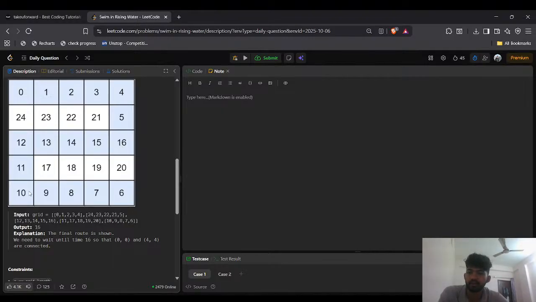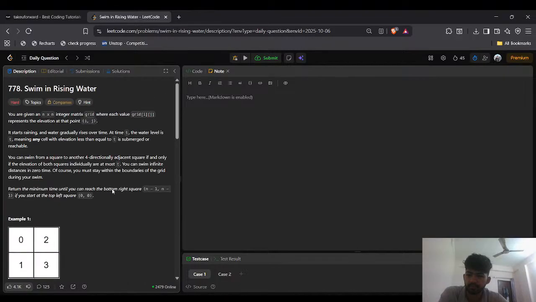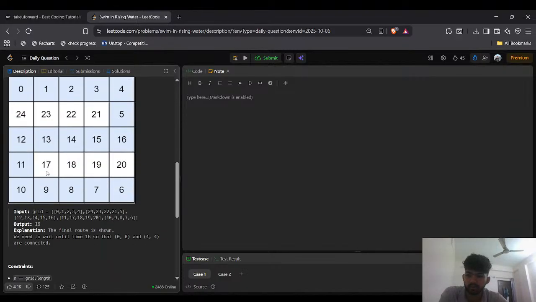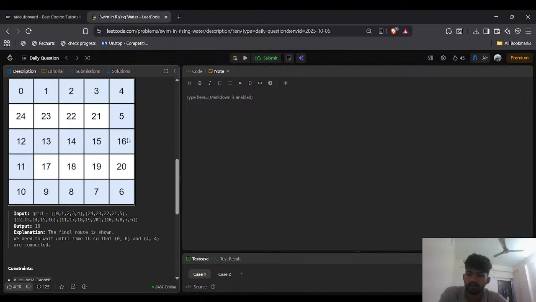As they say, you can swim infinite distance in 0 time. So of course when we are on 16 and our other cells are below 16, we can swim anywhere below 16 in 0 time.